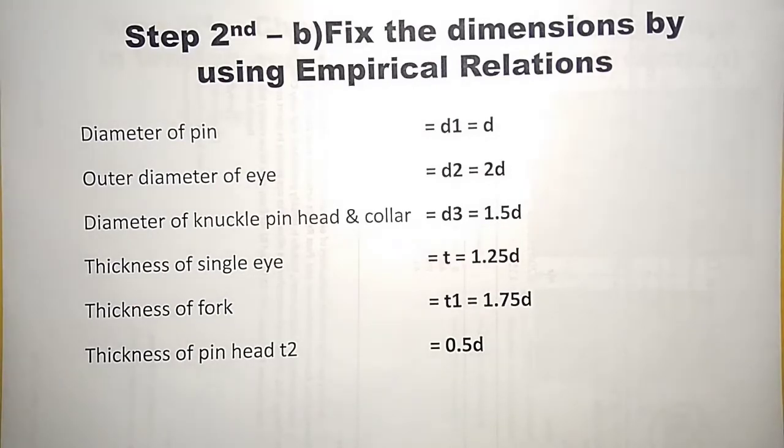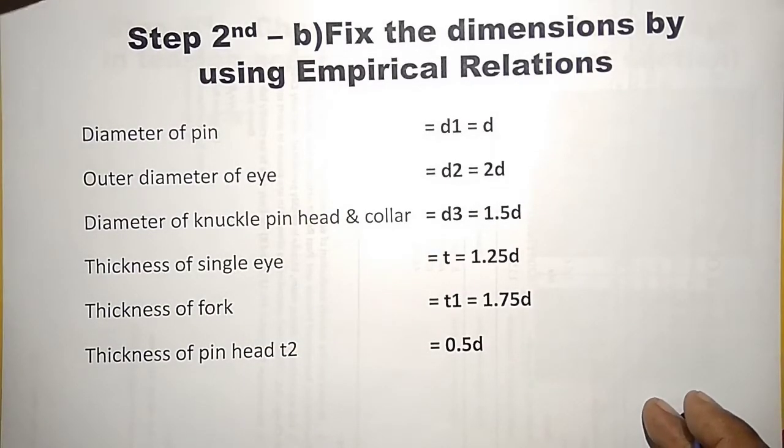But we know that in step two B, we fix the dimensions by using empirical relations. It means that we consider all the parameters in terms of the diameter of rod. So let us consider one by one.